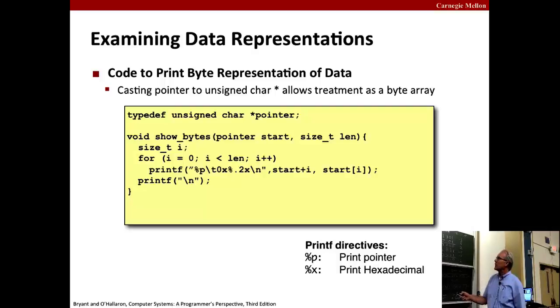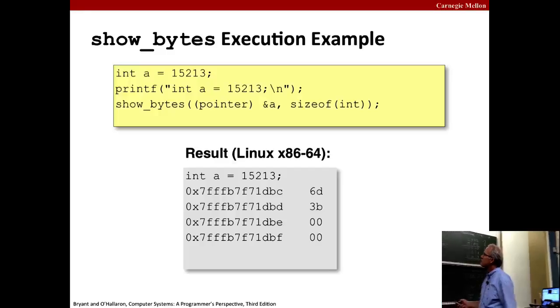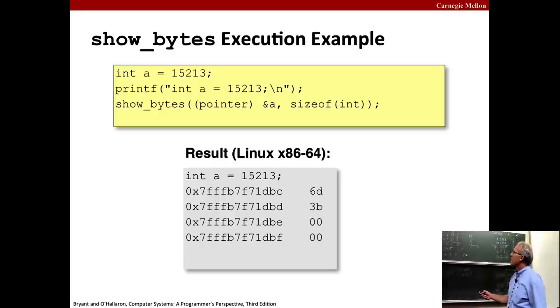So what I'm basically doing is saying, treat my series of bytes as an array and print out each of the bytes in that array. And so here, a is a number, and I'm taking the address of that integer and casting it to be an unsigned char star. So a slightly generic pointer, but not quite as generic as a void star. And then printing it out.